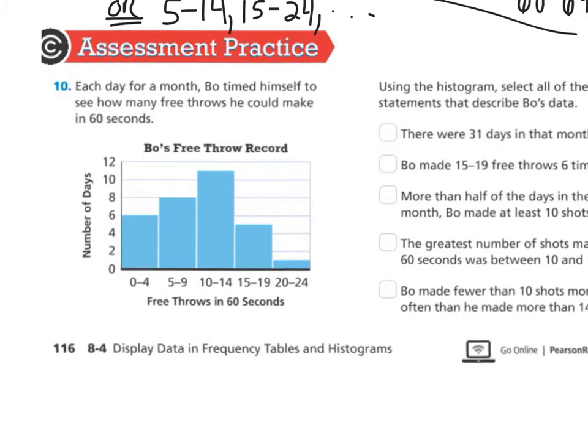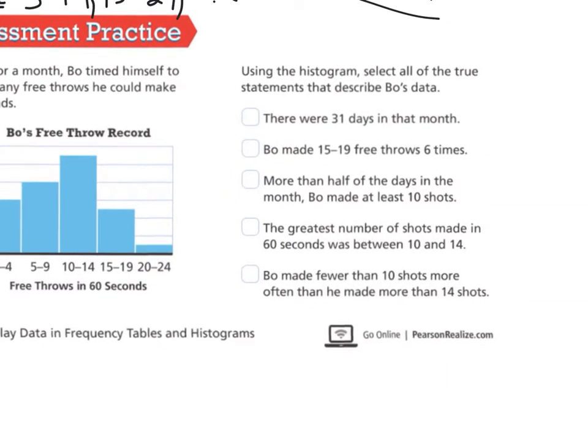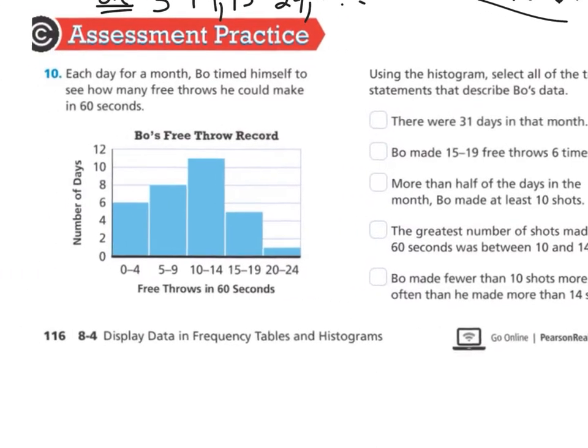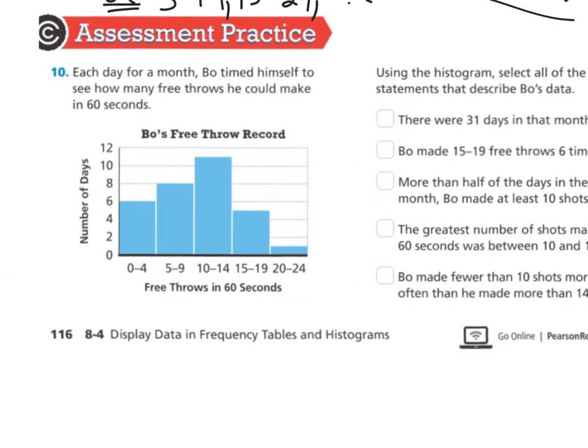Look at number 10. Each day for a month, Bo timed himself to see how many free throws he could make in 60 seconds. Using the histogram, select all the true statements that describe Bo's data. Okay, so each day he's doing this.